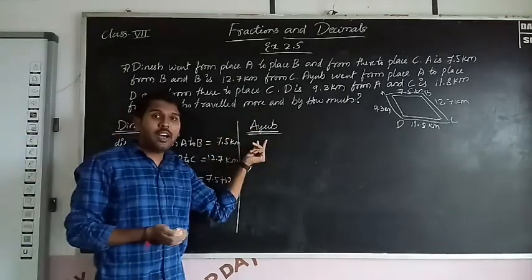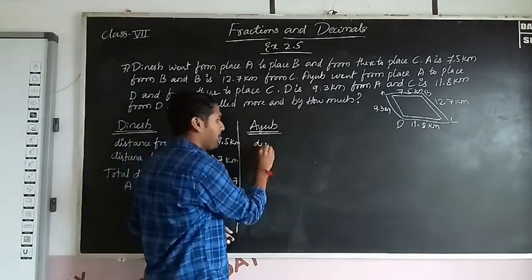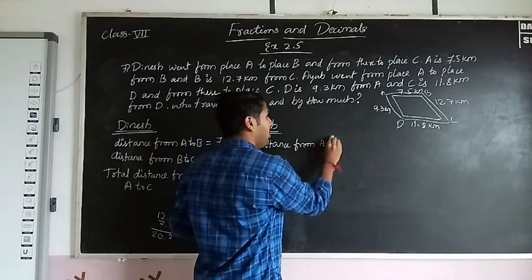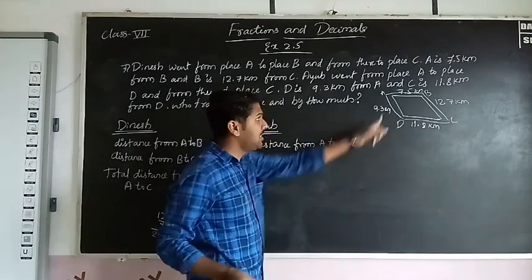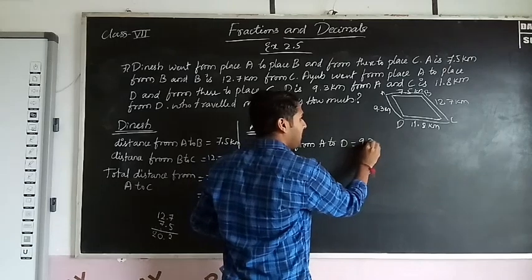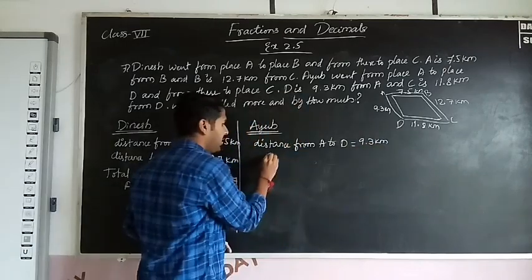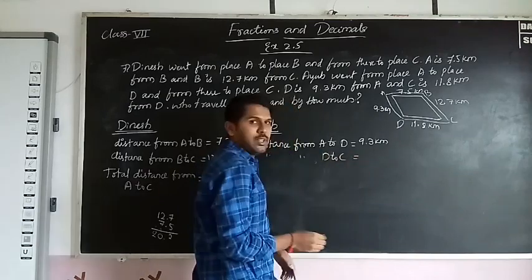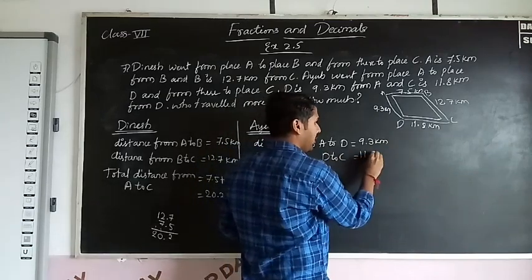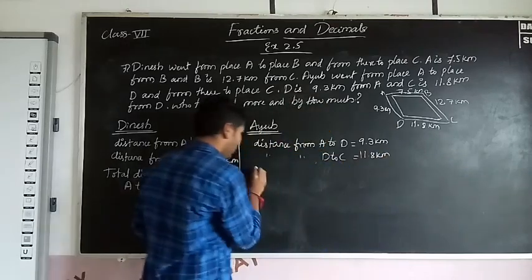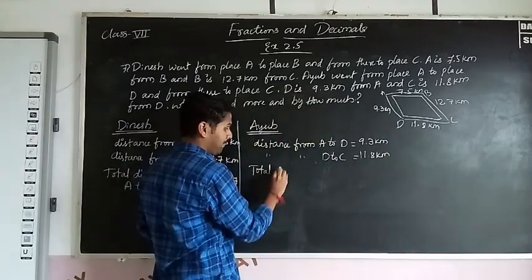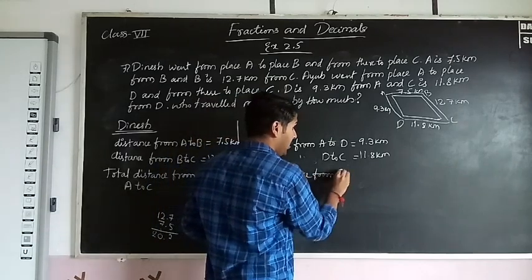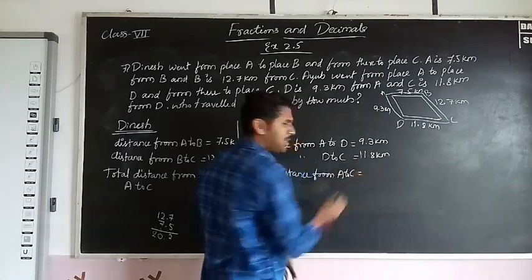So next one for Ayub. So distance from A to D. What is the distance A to D? 9.3 kilometer. The distance from D to C, what is the distance? 11.8 kilometer. The total distance from A to C, so just addition.